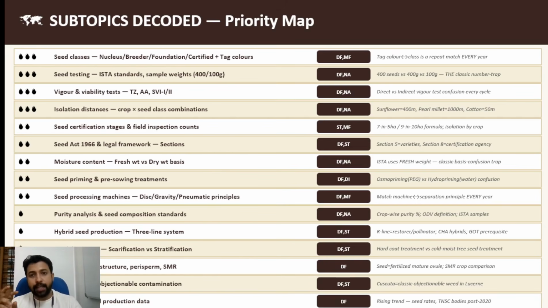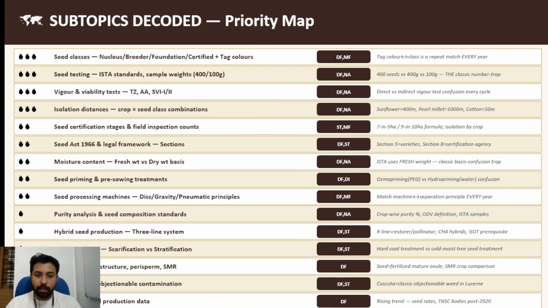Data changes drastically every year, so it is very important that you update how much seed is produced, what percentage of a particular crop's seed in the Indian scenario is produced from Tamil Nadu, or how many metric tons of vegetables were produced in Tamil Nadu in the previous year. Usually you should focus mainly on 25-26 data. Whichever year your exam comes, focus on the previous year and the current year overlapping data. You should have a very clear idea.